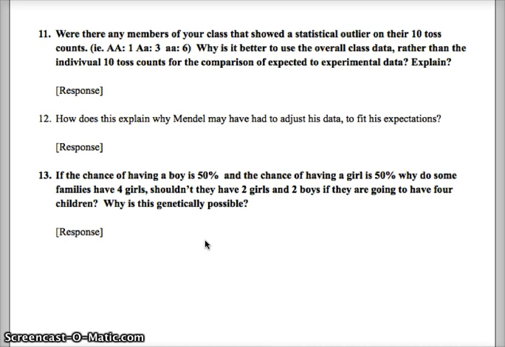Each independent offspring has the same probability as all the other offspring. So while it may be true that you should have 50% boys and 50% girls because each offspring is independent, that's not always going to come out exactly the way we expect.